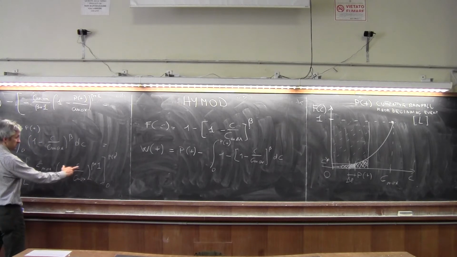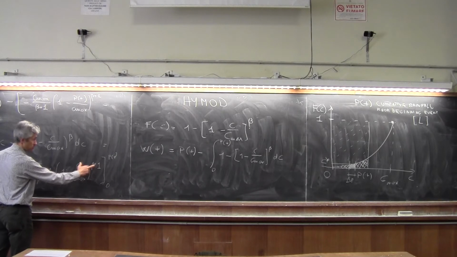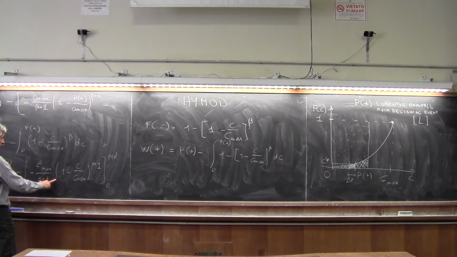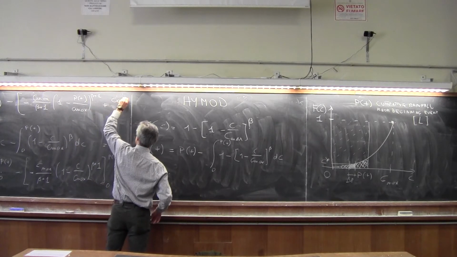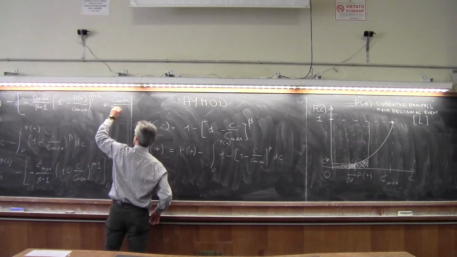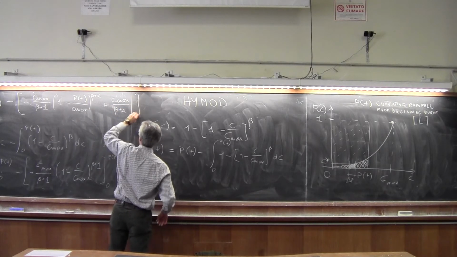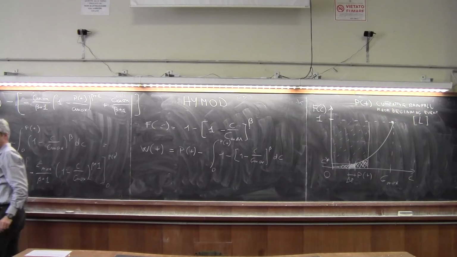So if I put a 0 here, this becomes 1 to the power of beta plus 1, which is still 1. And therefore, the minus becomes a plus and becomes C max divided by beta plus 1. I think this is what comes out.